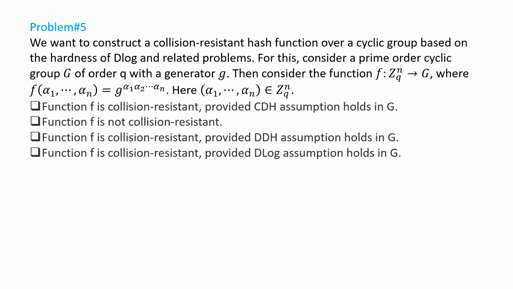This is of course possible, to come up with two different sequences of elements which lead to the same multiplication result. Then it gives back the same result due to the power being that multiplication value, right? So it is very clear to see that this is not collision resistant. You can easily come up with two different sequences of n group elements whose multiplication value is the same. Then the function f is not collision resistant. That is our conclusion.